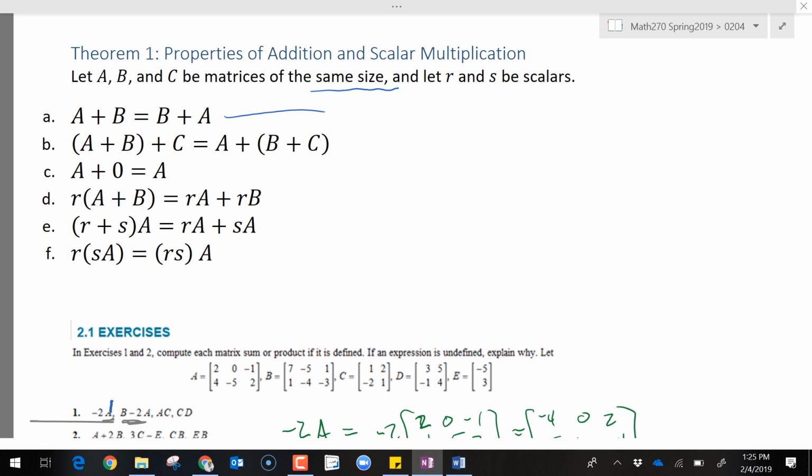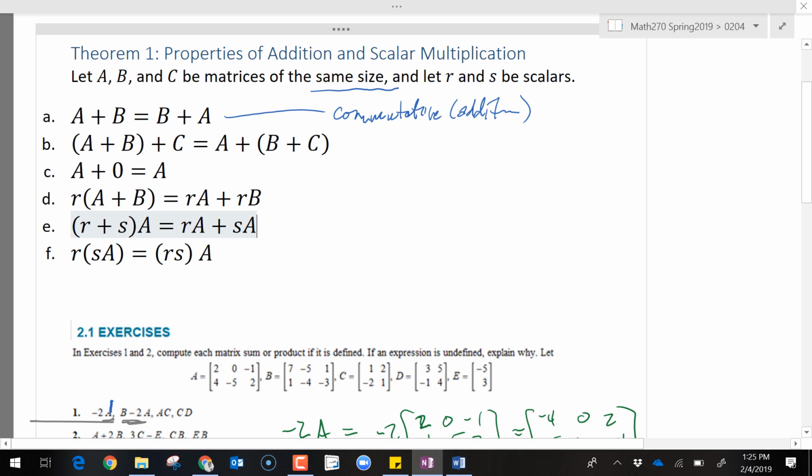So additive commutative. And then when you reorder or regroup 3 or more, what's that called? Associative.